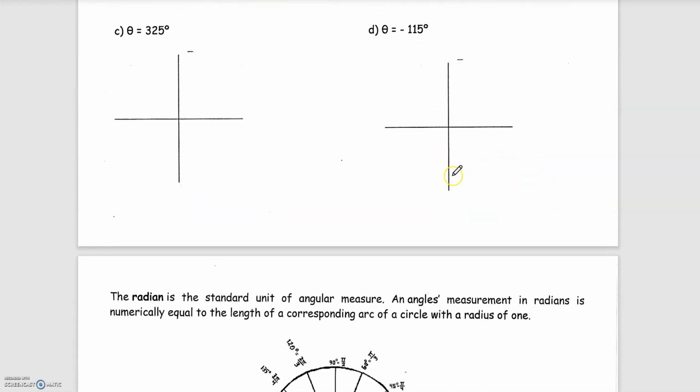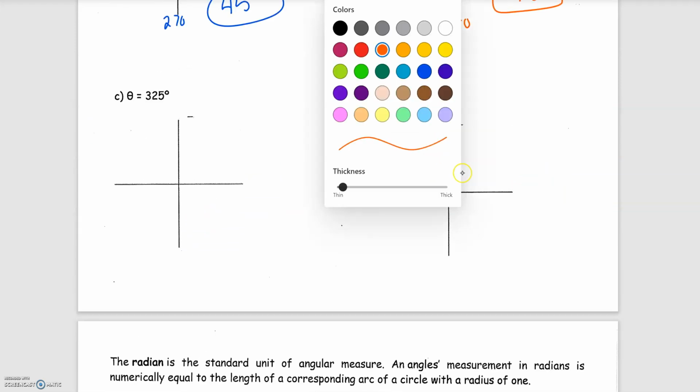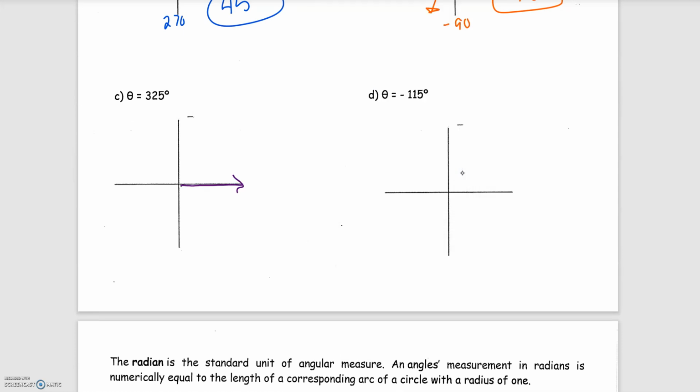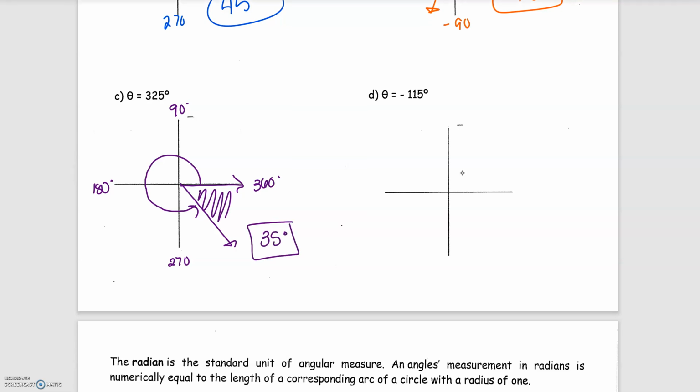This next one here for 325 is going to go this direction, and then we are closest to 360 degrees for this one. Again, we're trying to just get to that x-axis. So it's going to be this right here, and we are just 35 degrees away from our 360.